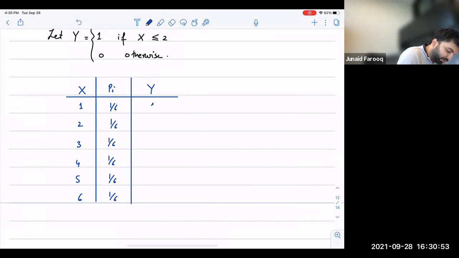So Y is 1 here, 1 here, and 0 here. That's the kind of space we're looking at.